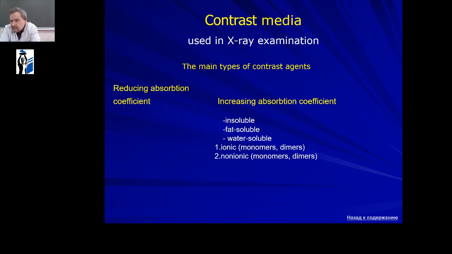And the second group of iodine containing contrast substances, fat soluble, are used for the study of fistulas, salivary gland ducts, bronchography, lymphography, and the study of the uterus. For the study of the biliary system, both water-soluble and fat-soluble iodine-containing X-ray contrast substances are used.